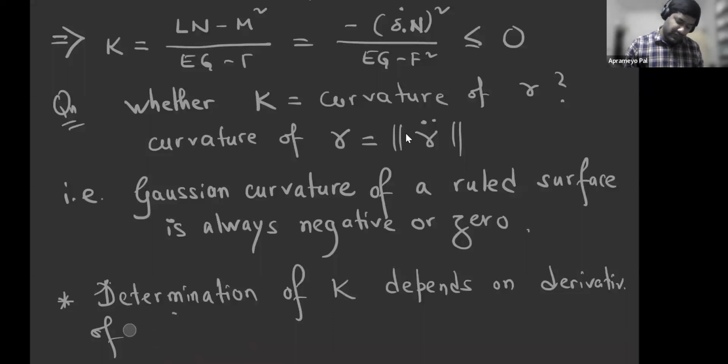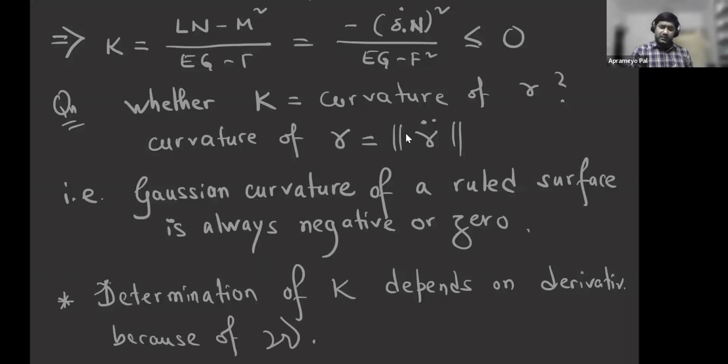What I mean is it depends on the derivative, right? So what I'm saying is, Gauss came up with the idea to compute the Gaussian curvature, of course he didn't name it Gaussian curvature, he was saying, I guess, curvature. So he wanted to compute the Gaussian curvature intrinsically in some sense, without going through the derivative process.